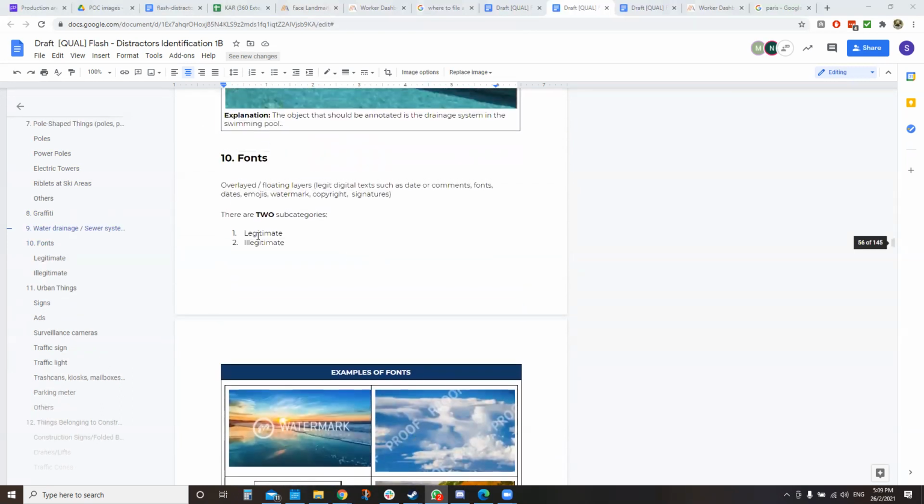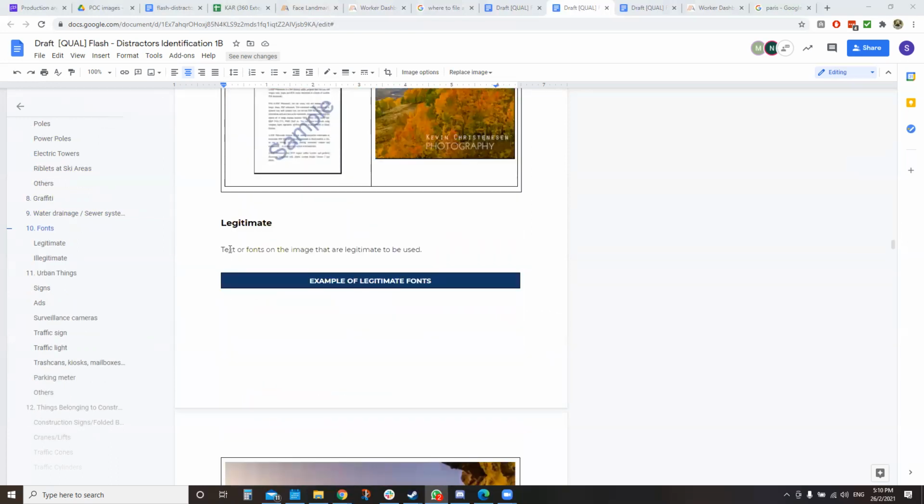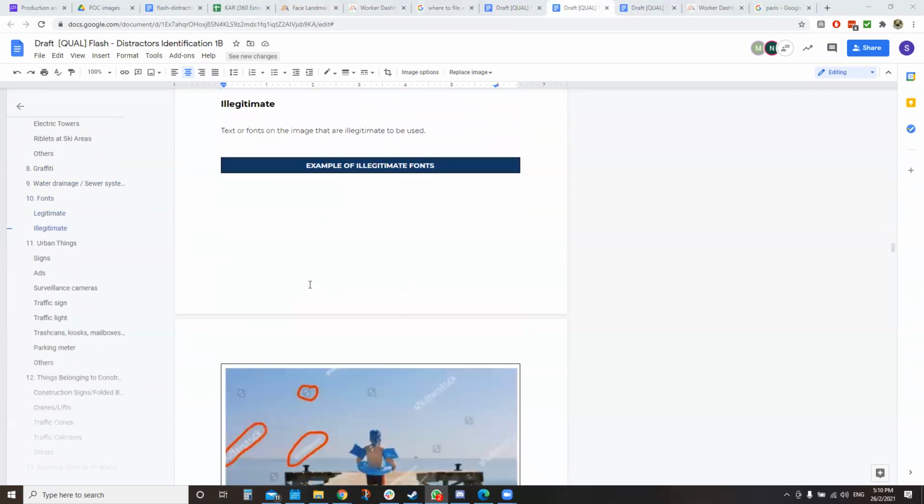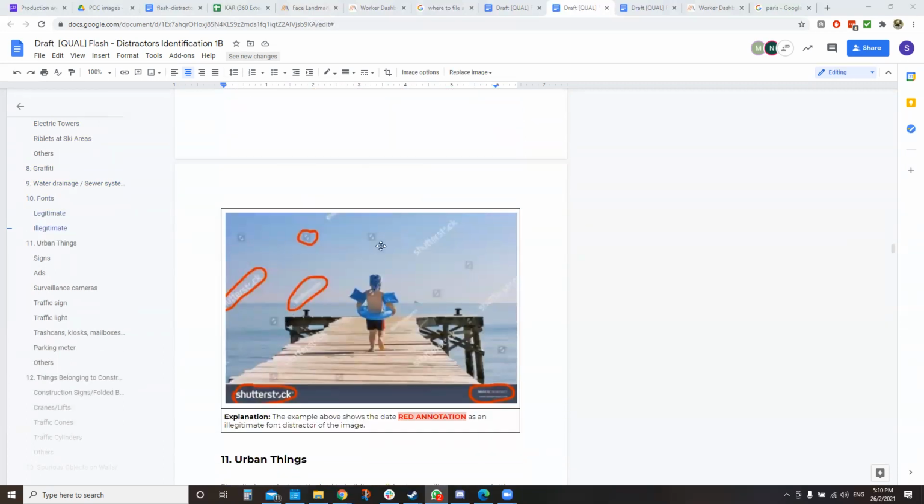Illegitimate is basically text or fonts of the image that are not legitimate. Legitimate ones are like date and time. Text or fonts that are illegitimate are basically these things. If you have a picture that has all this, why didn't they label this also?